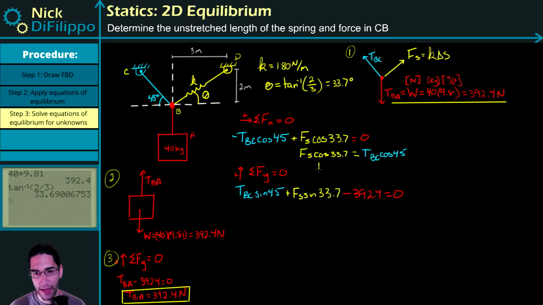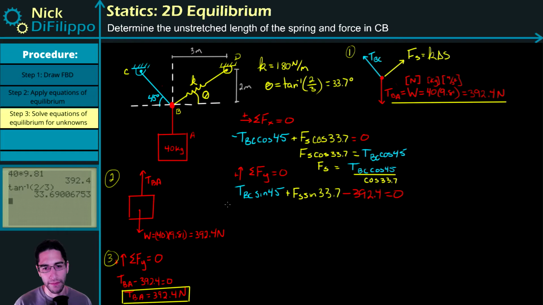So I have F of S is equal to TBC times the cosine of 45 divided by the cosine of 33.7. I need to now put this into the second equation right here.